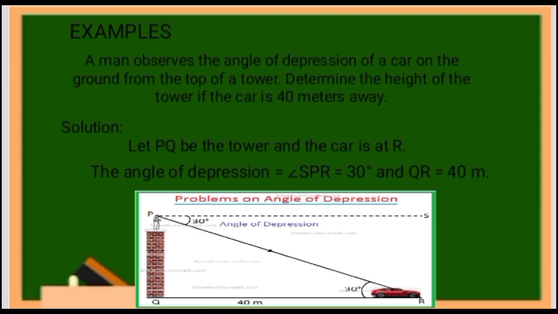So based on the illustration, the opposite of 30 degrees is here. And then the adjacent is here.